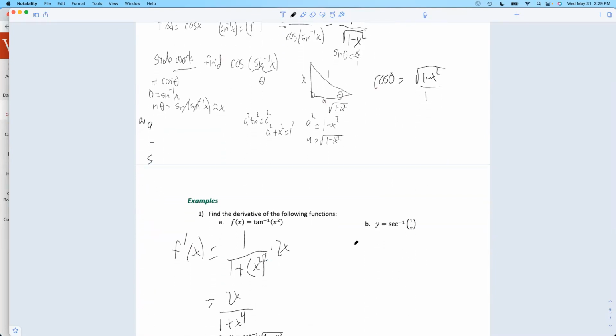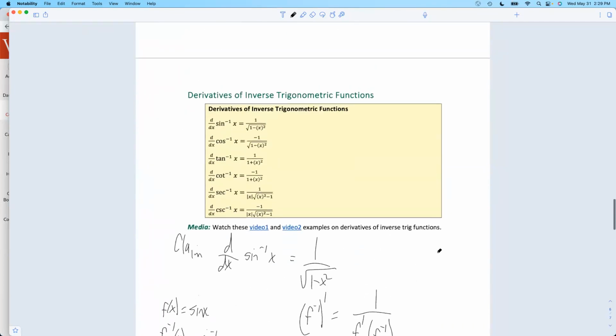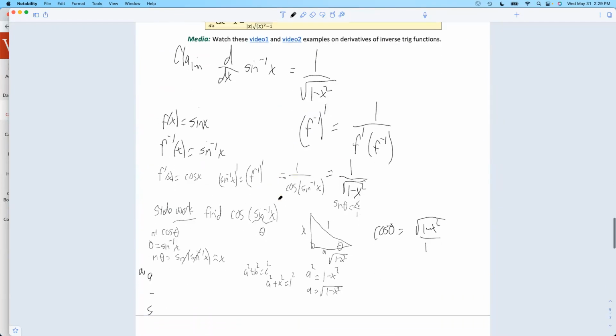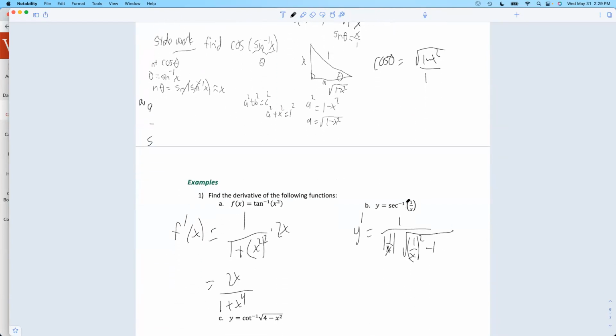So the derivative of inverse secant of 1 over x will be 1 over the absolute value of junk times the square root of junk squared minus 1. I'm checking to make sure I got that. Yep. Times the derivative of what's inside. That's a function inside a function. The derivative of 1 over x is negative 1 over x squared.